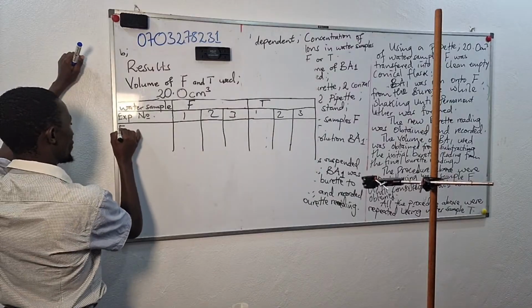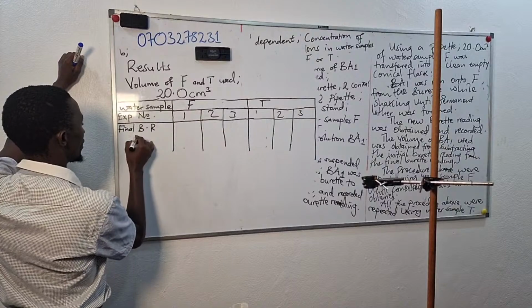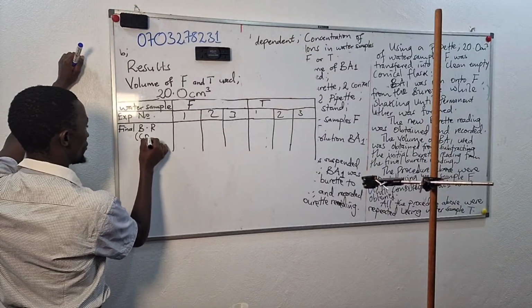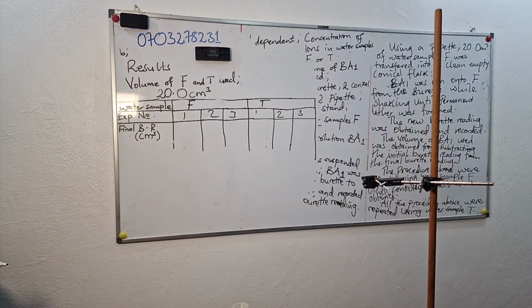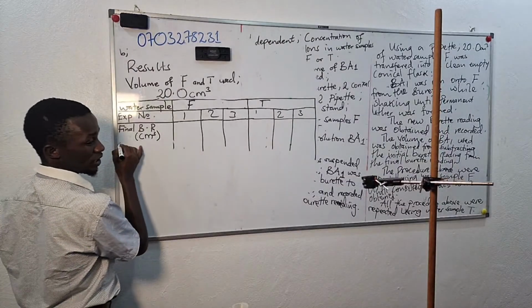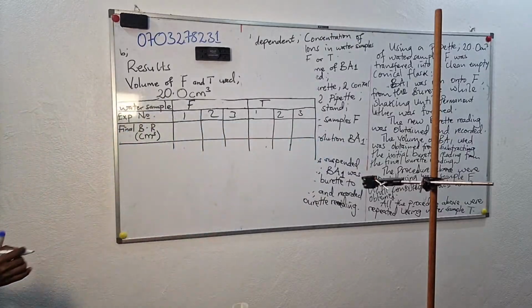So we shall have the final burette reading, and the burette is a volume measuring instrument, recorded for each of the experiment numbers for each water sample.